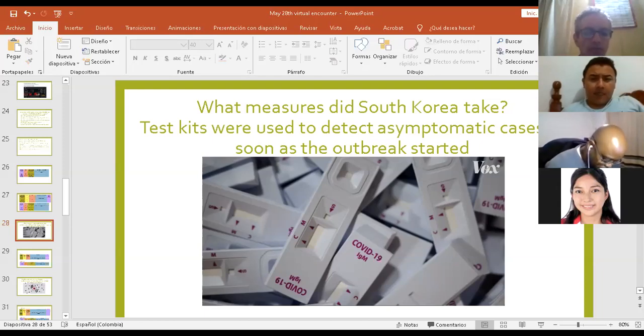Exactly, that's why we have to use a passive voice to translate into English. So the translation will be as you mentioned: "Se usaron kits de exámenes para detectar los casos asintomáticos tan pronto como empezó el brote." So we will start with the verb in the translation into Spanish.